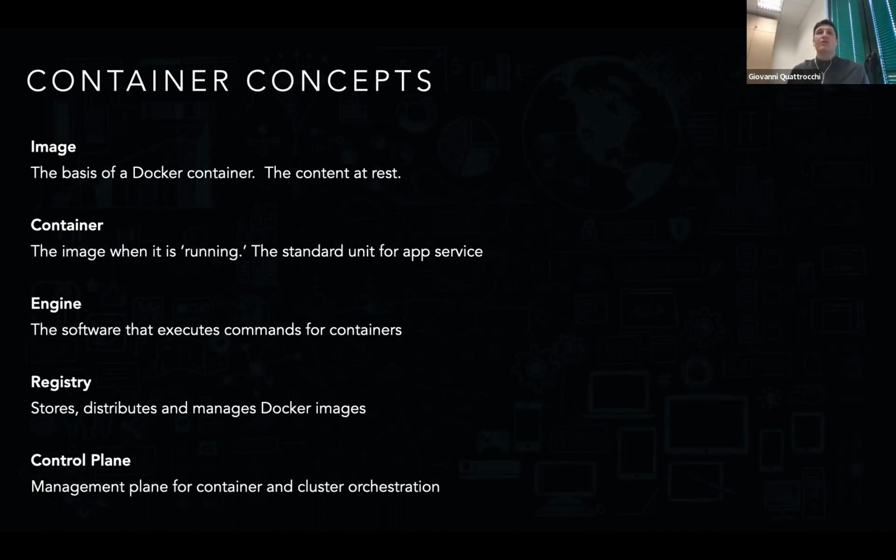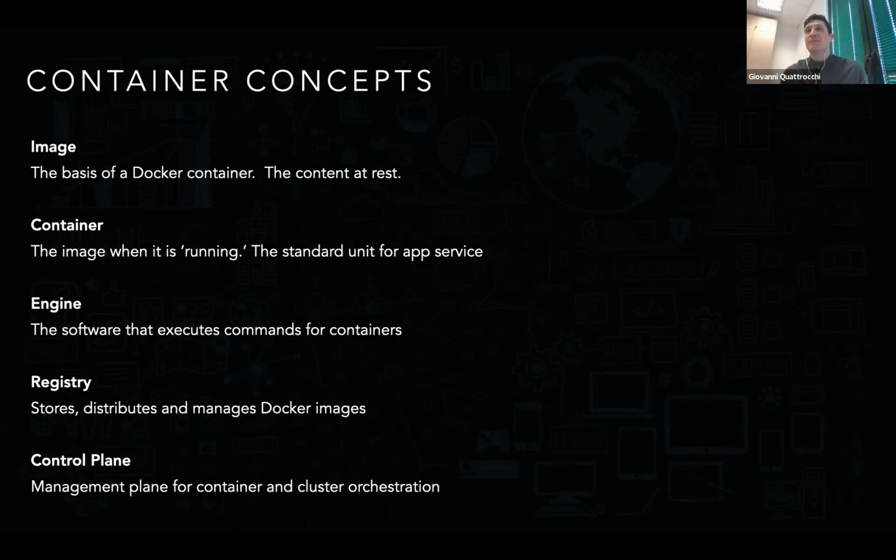The registry is usually public, but it could be private, a repository where all the images of containers are stored. If it's public, you have many images from different stakeholders, while if you have a private registry, you will have all the images of your company, say. And then you may have a control panel where you can manage containers and their orchestration.